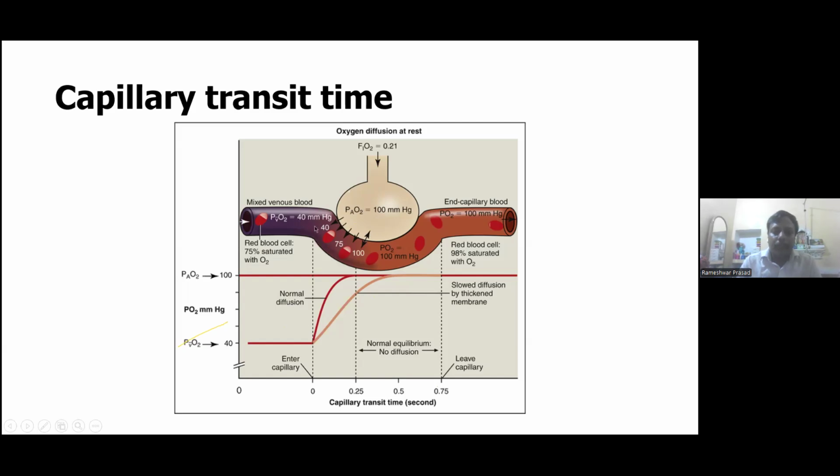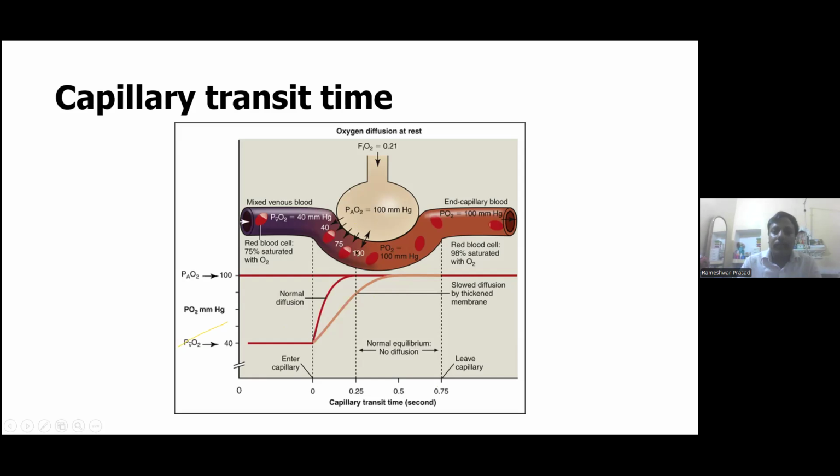Now, this blood or RBC takes around 0.75 seconds to travel from the pulmonary arterial end of the capillary to the venous end of the capillary. And diffusion takes place only during the first 0.25 second of the transit time.